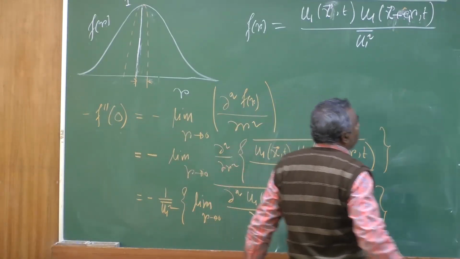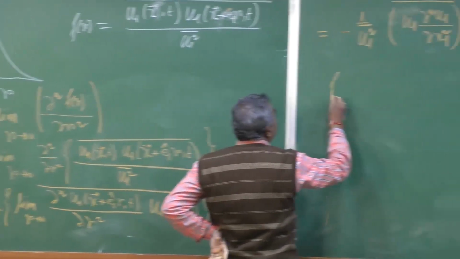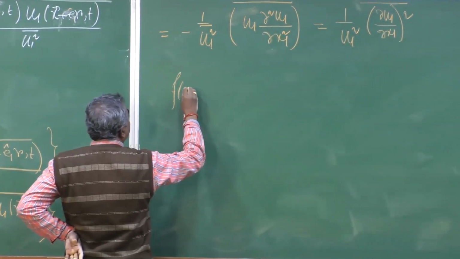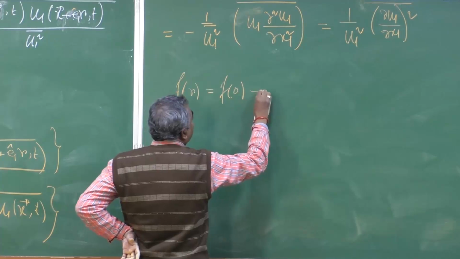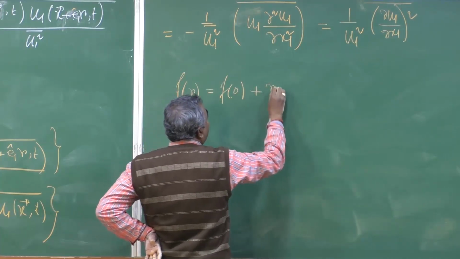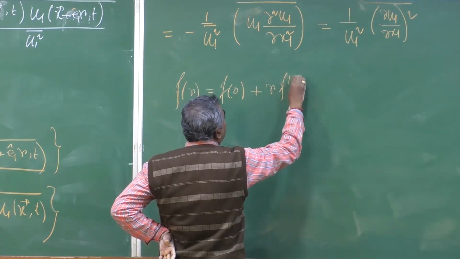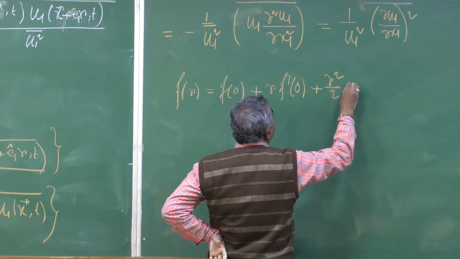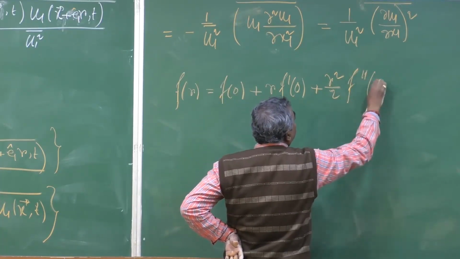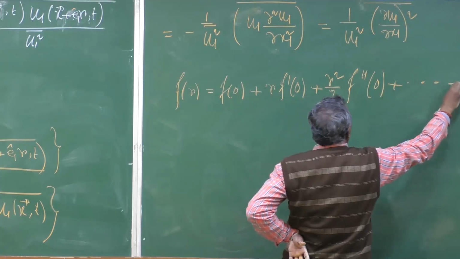We are trying to do f of r at very small r, the value is going to be f of naught plus r f prime of naught plus r square by 2 f double prime naught plus higher order terms.